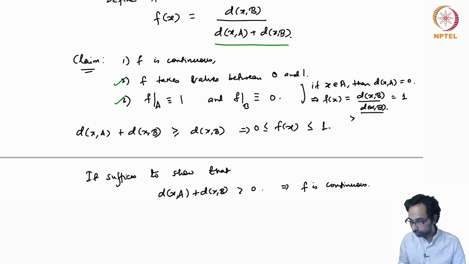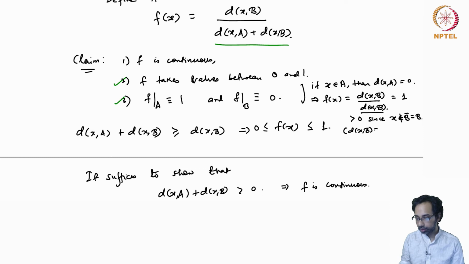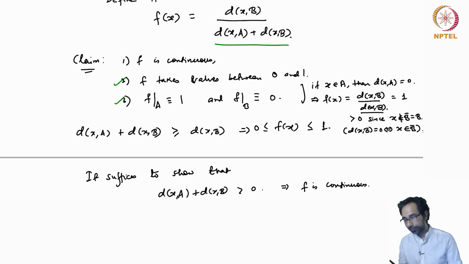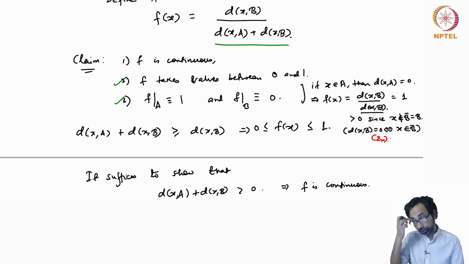So this is strictly positive since x does not belong to the closure of B, which is the same as B, because B is closed. So we are using here that d(x,B) is equal to 0 if and only if x belongs to the closure. I can leave this as an exercise for you to show. This is quite easy. And so f(x) equals 1 if x belongs to A.